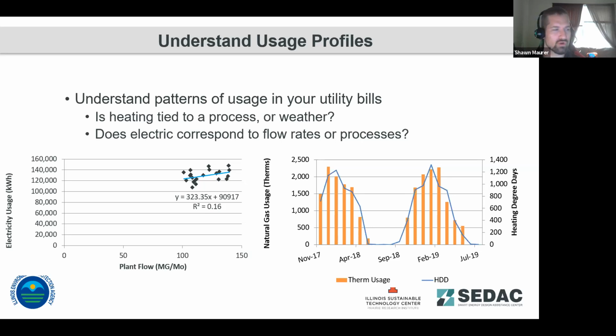But what we're looking for is, is there a strong correlation between plant flow rates and your energy consumption? Usually we're going to see that if you've got VFDs on your systems and your plant's process can adjust pumping rates, chemical dosing rates, things like that, to match the demand on your distribution system.